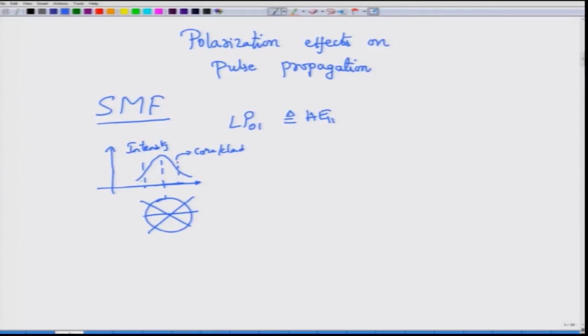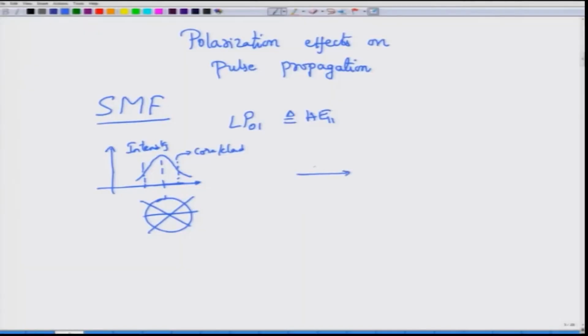What is our interest is that although we have written the power profile, if you actually look at the electric field pattern, you will find two types of electric field pattern. The field lines could be organized something like this. If these horizontally directed segments are considered to be X polarized, then you have what is called the X polarized LP01 mode.